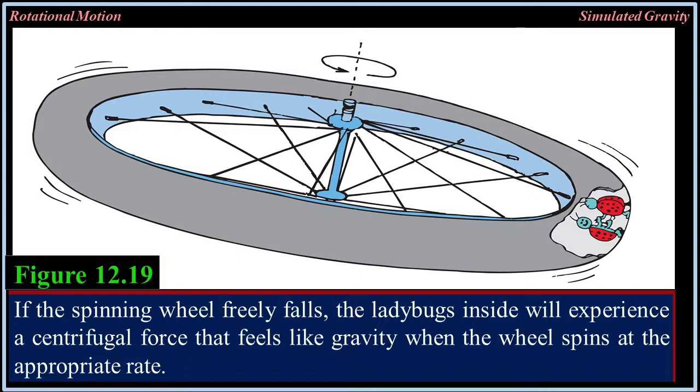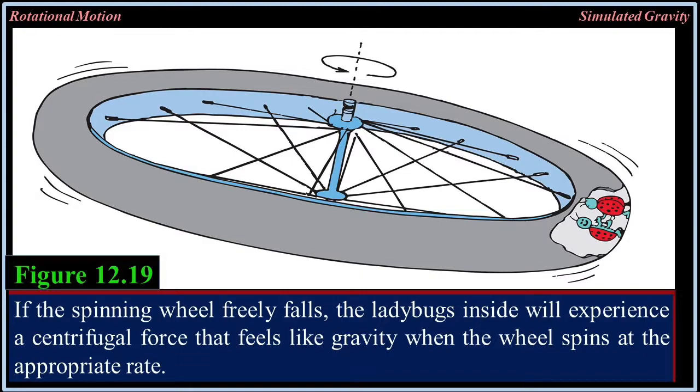Now spin the wheel. The ladybugs will feel themselves pressed to the outer part of the tire's inner surface. If the wheel is spun at just the right speed, the ladybugs will experience simulated gravity that feels like the gravity they are accustomed to.